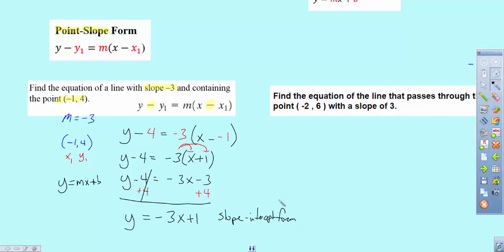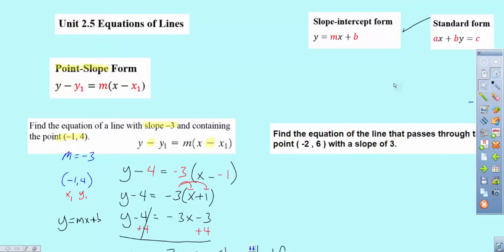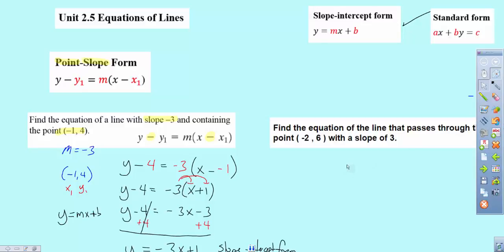Now, give me one second, I'm going to hit pause and grab something off another slide real quick. What I wanted to discuss with you is that inside of my math lab in the homework assignment, sometimes they ask for the slope-intercept form, sometimes they ask for standard form. Remember, standard form is just where we're moving things around.